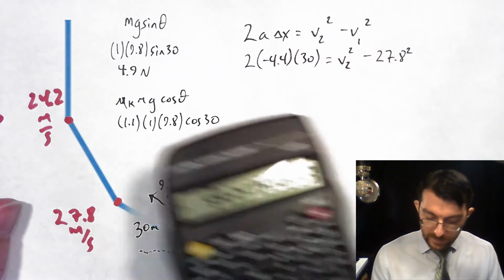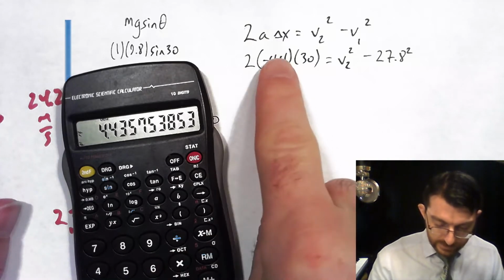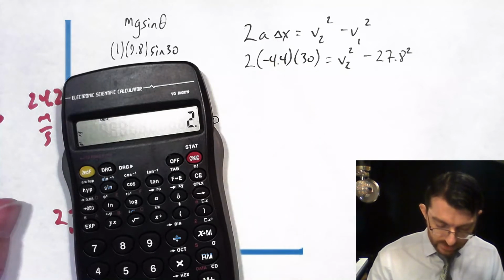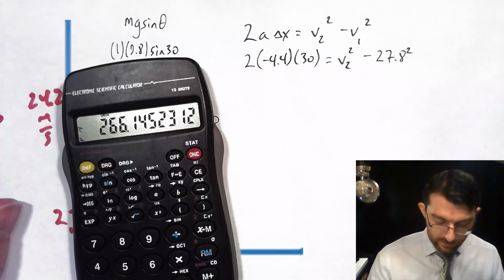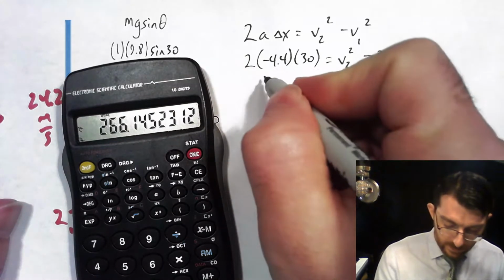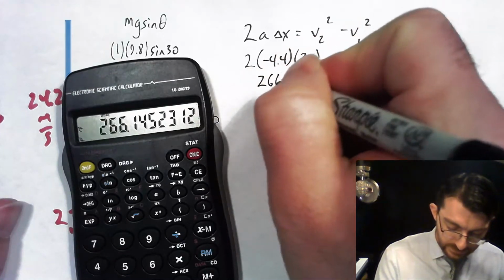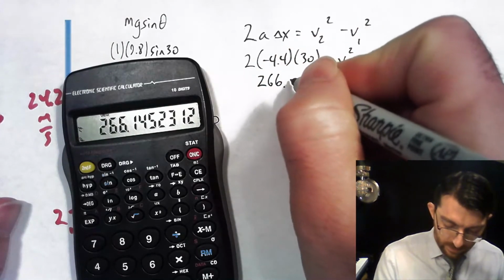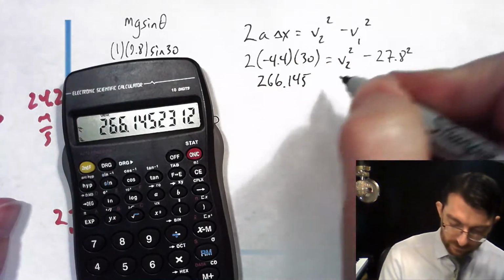Okay, so let me do some simplification here. If I take that and multiply it by 2 times 30, so I've got 266.145. I'm just writing down some digits so I don't lose them.